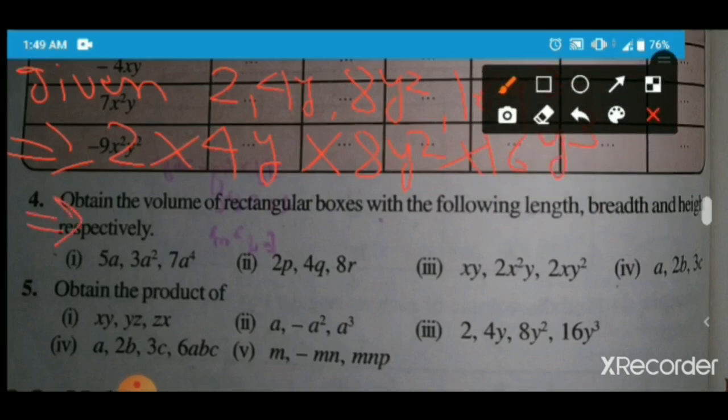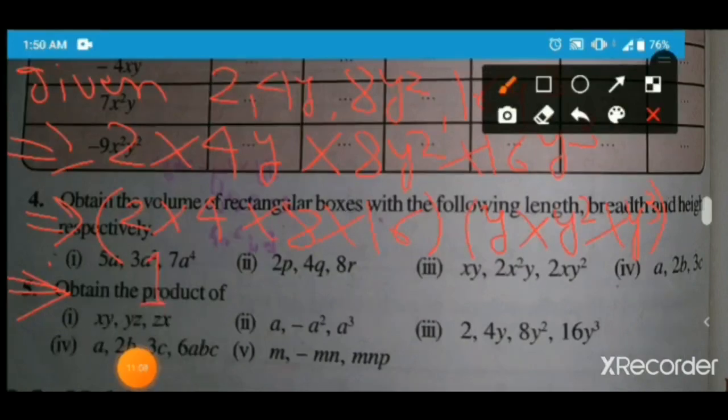Now it shows that it is 2 multiplied by 4 multiplied by 8 multiplied by 16, and it is y multiplied by y square multiplied by y cube, so that it is 1024 multiplied by y raised to the power 1 plus 2 plus 3.